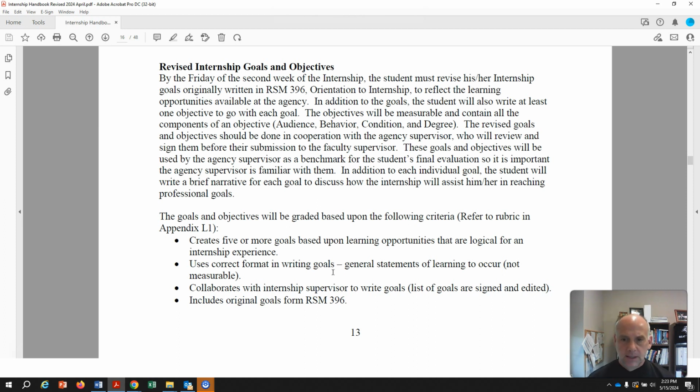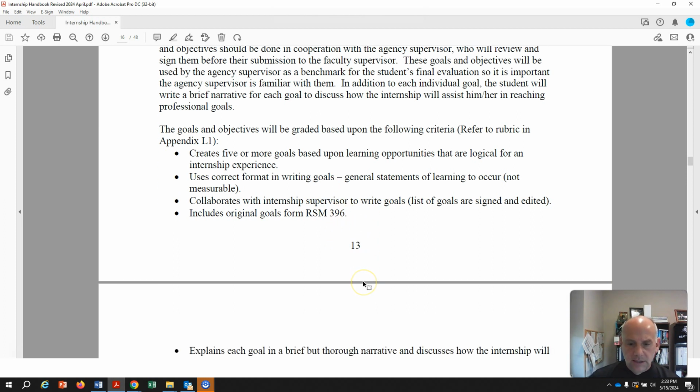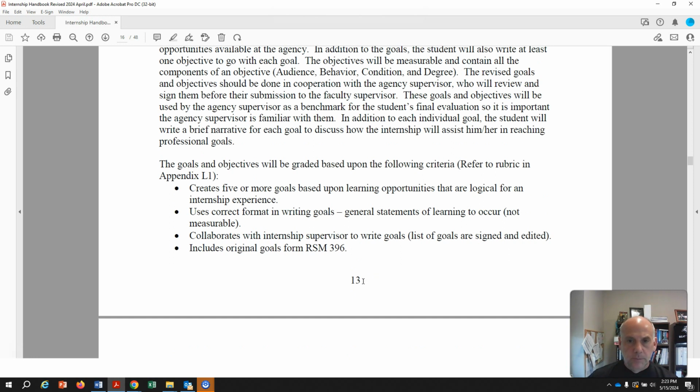I give you an example in the Moodle page for this class. If your goal is to increase your professional network, well then, make it measurable. Make it something that you can measure to tell if you actually increased your professional network.